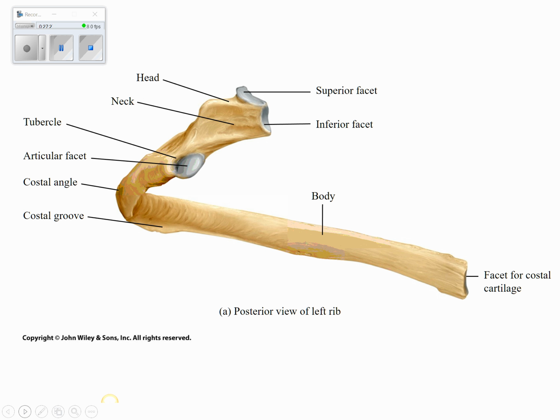Here is, of course, the rib. You need to be able to label the head, which is the end piece here, the neck, and the tubercle. The reason you need to know those is that the head articulates with the body of the thoracic vertebra.